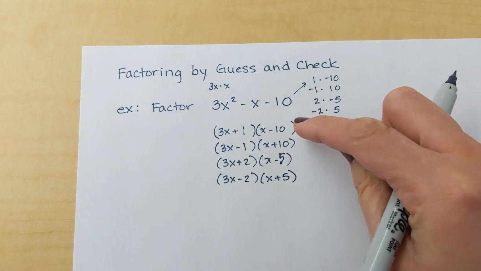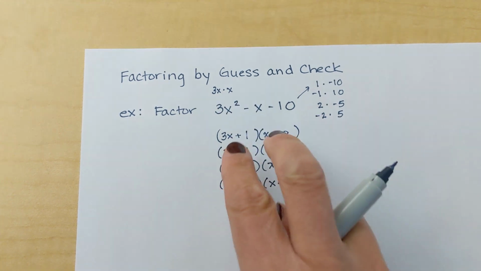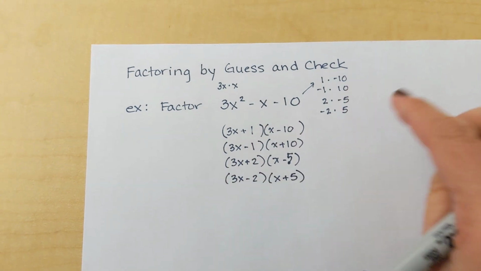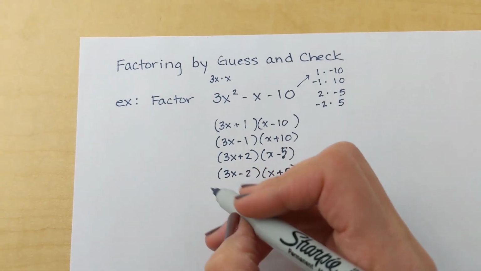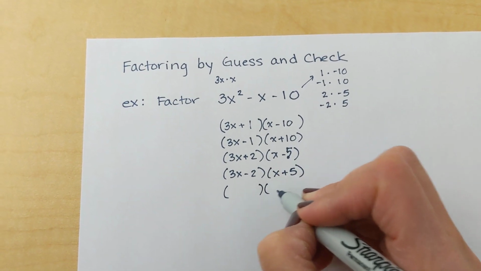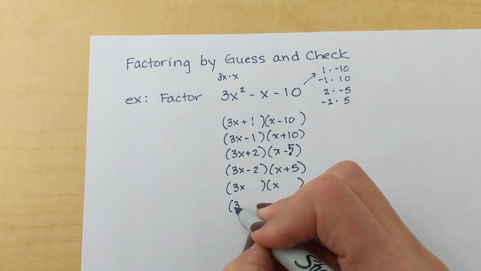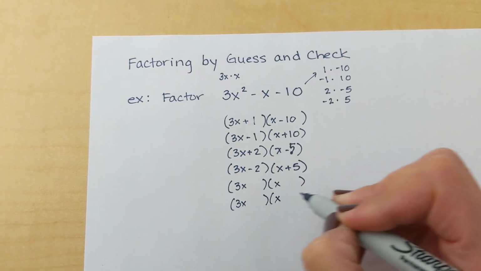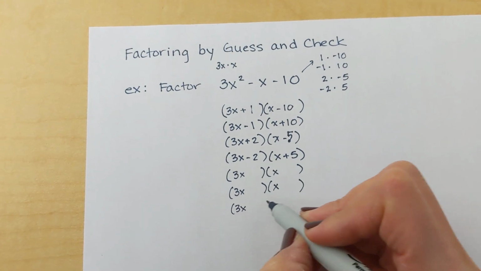So these first four possibilities come from having the factors of A in the front here and the factors of C in the back. But there are four more possibilities. If I leave the factors of A in the front, but take the same four possibilities for C and switch the order of them.